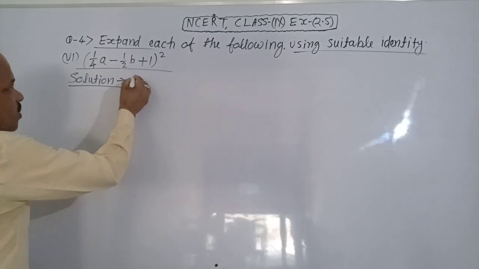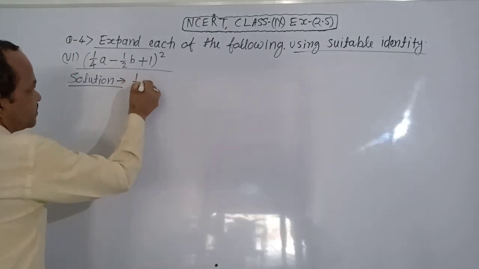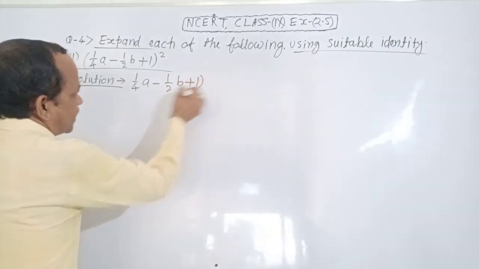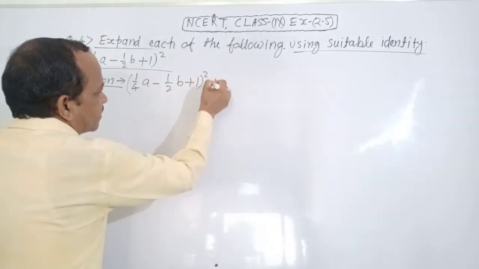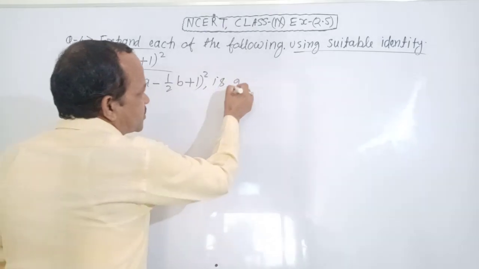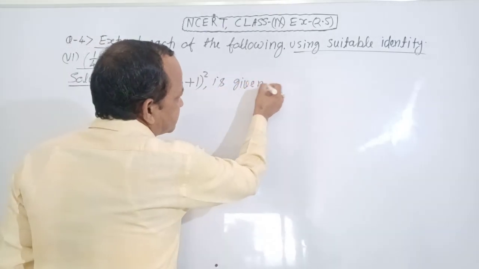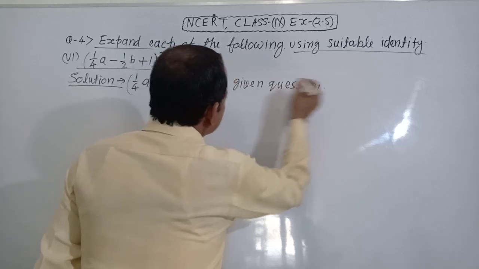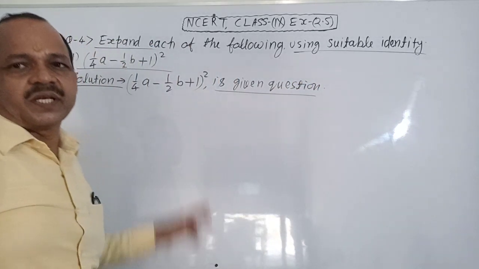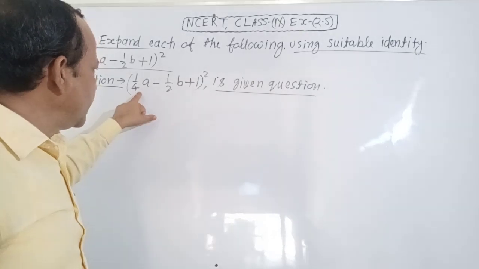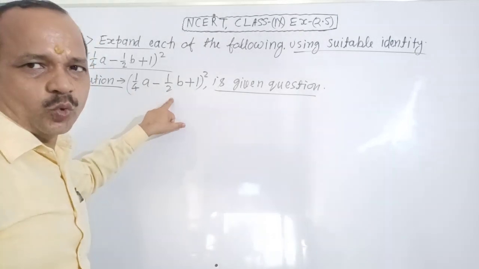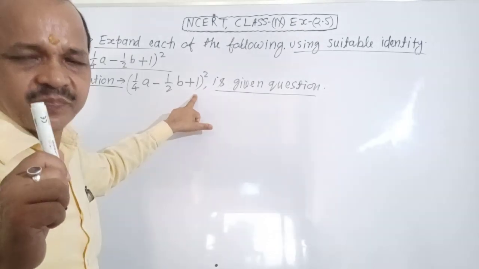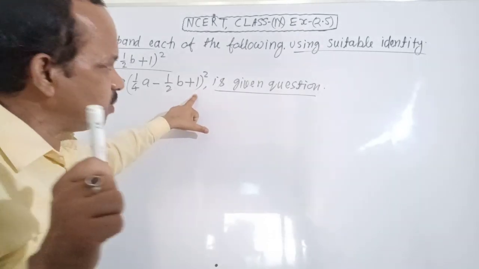See the board. (1/4a minus 1/2b plus 1) whole square is the given question. Is it clear? Very good.